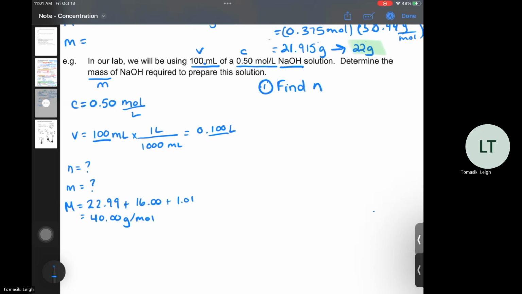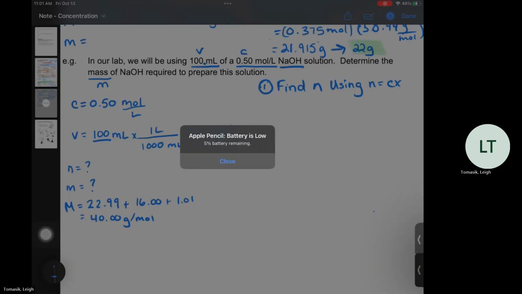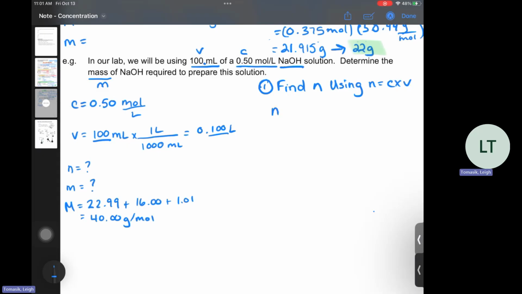Okay, so the first thing we're going to do is find the moles, right? And we're using n equals C times V. So moles equals concentration, 0.50 moles per liter times V, which is 0.100 liters, right?